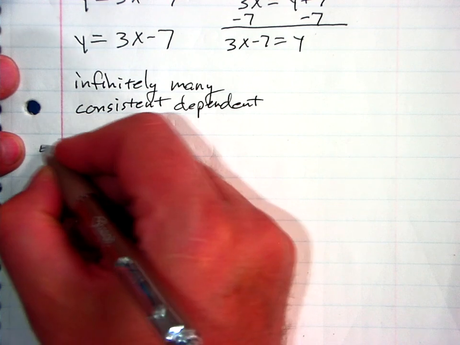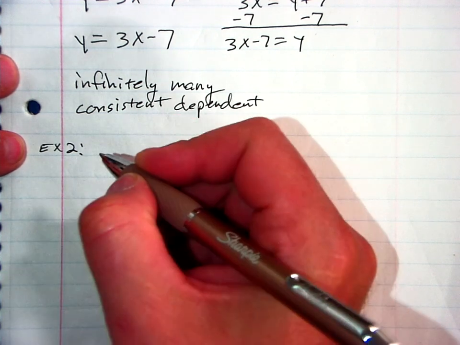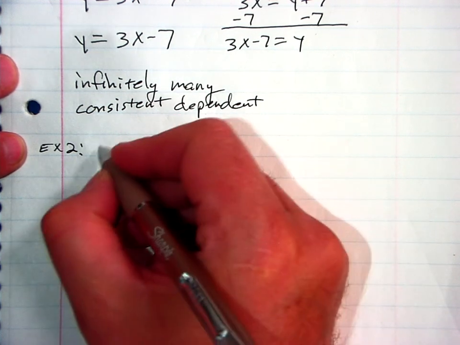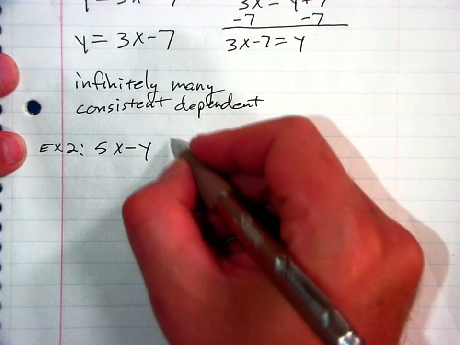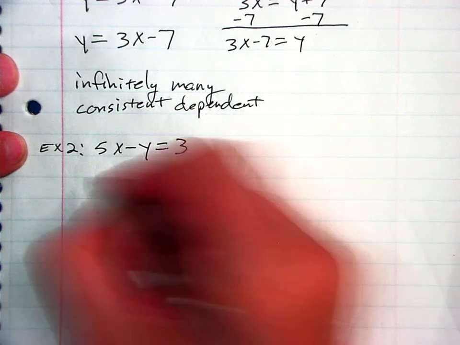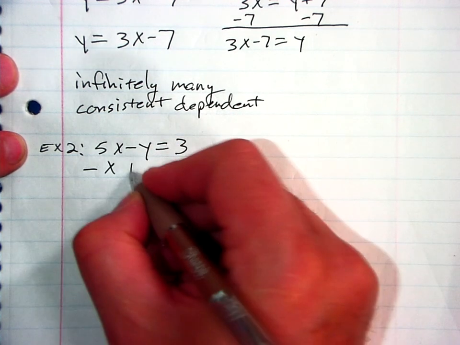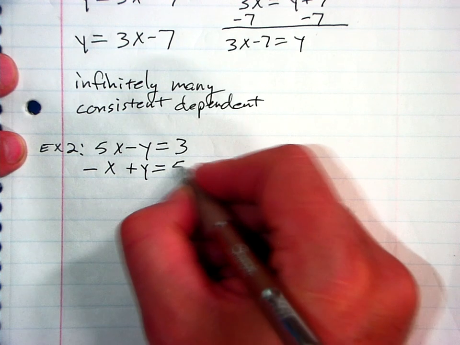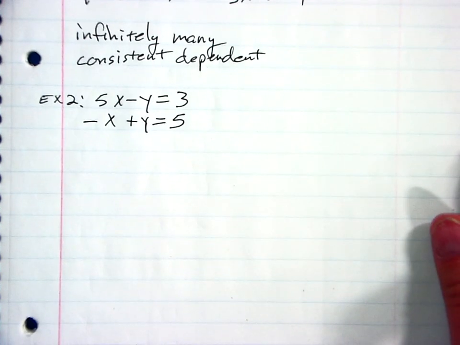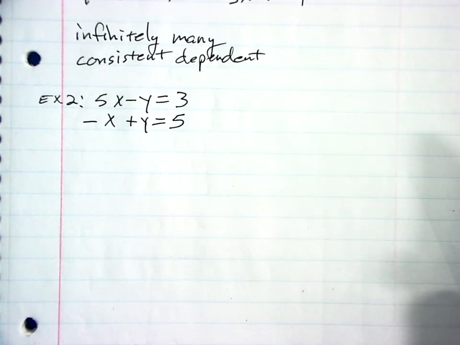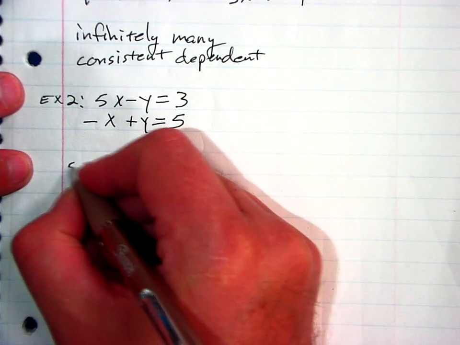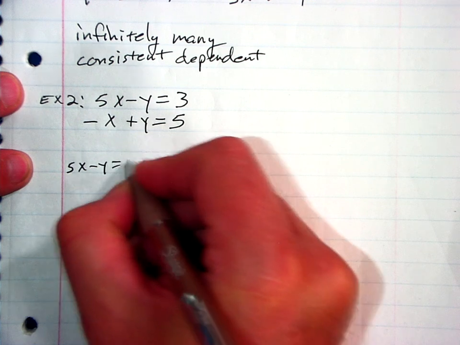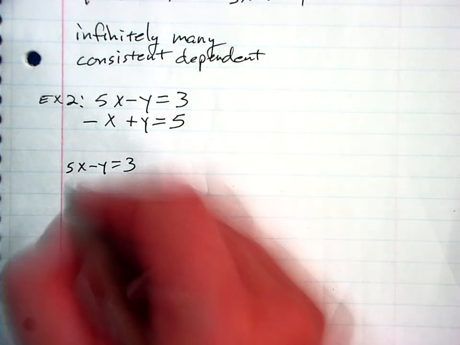Example 2. We're actually going to graph a problem. 5x minus y equals 3. Negative x plus y equals 5. In order to graph these, I personally would get the y by itself. So let's go to 5x minus y equals 3 and get the y by itself.